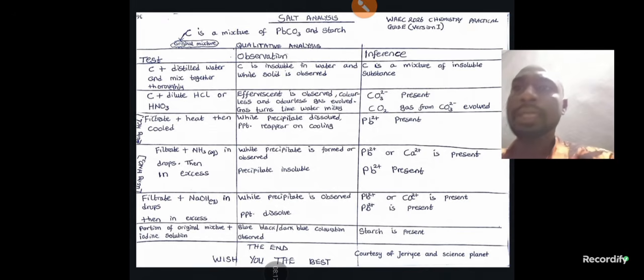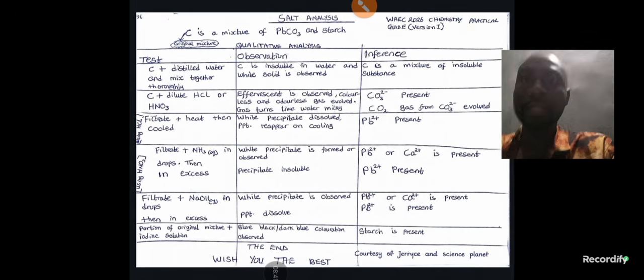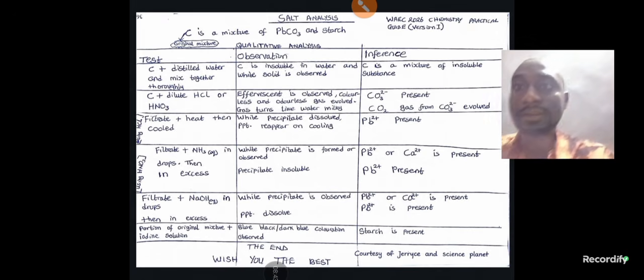So now, having done these two, you bring the filtrate and add sodium hydroxide in drops and in excess. So filtrate plus sodium hydroxide in drops, you notice that a white precipitate is formed. White precipitate is observed.